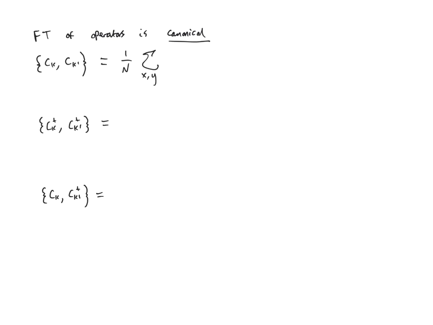So when I substitute in the expansion of ck in terms of real space operators, I can write those in terms of cx's, but I can't use x again for ck primed, so I have to use another label, which is going to be y. And then inside here, I'm going to get e to the minus i a0, this is a constant factor, of kx plus k primed y.